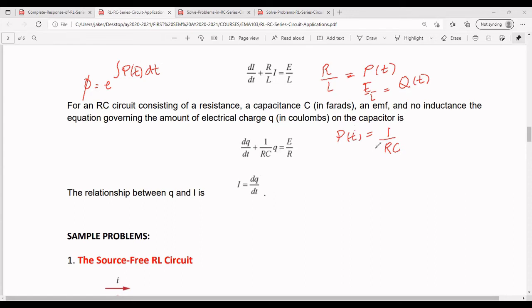Your Q of T then is E over R. This one is for the RL circuit. This one is for the RC circuit. You deal with it using the technique in evaluating first order linear differential equations.